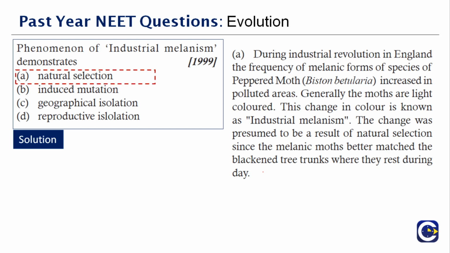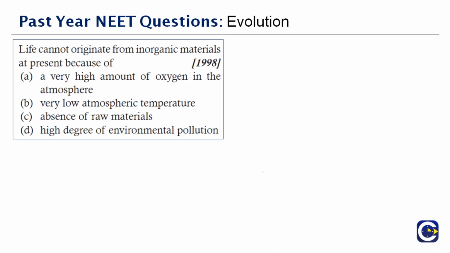Next question. Life cannot originate from inorganic materials at present because of dash. This question was asked in the year 1998. So what do you think is the answer here? They're asking us why life cannot originate from inorganic material at present.